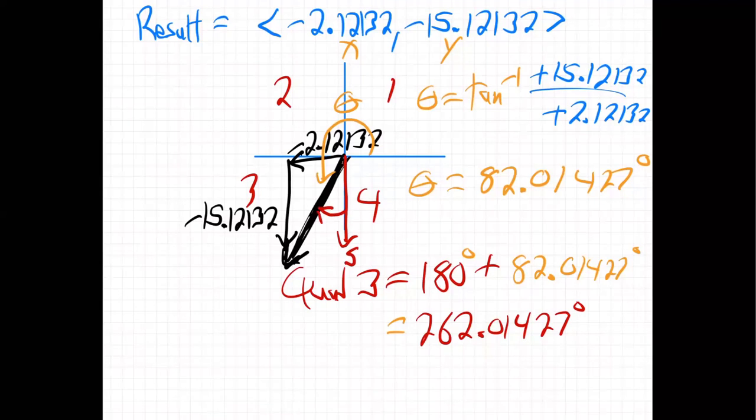So the bearing angle is south, but how far to the west?